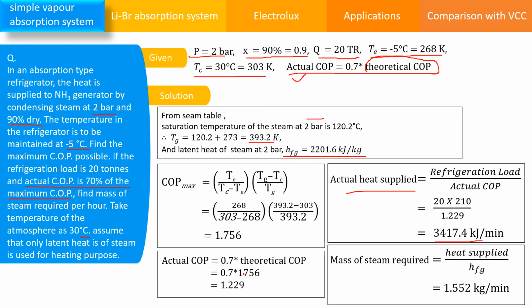So mass into latent heat per kg is the heat supplied, and using this formula we can get 1.552. So both of these are just logic questions. The last two parts we are going to find use the formula we have learned in the vapor absorption system. I hope this clears the sum for you.